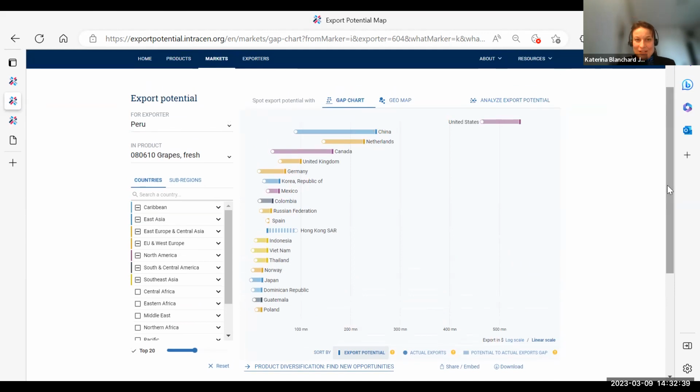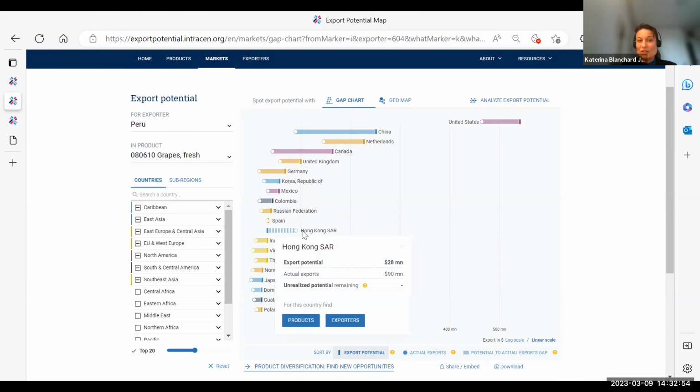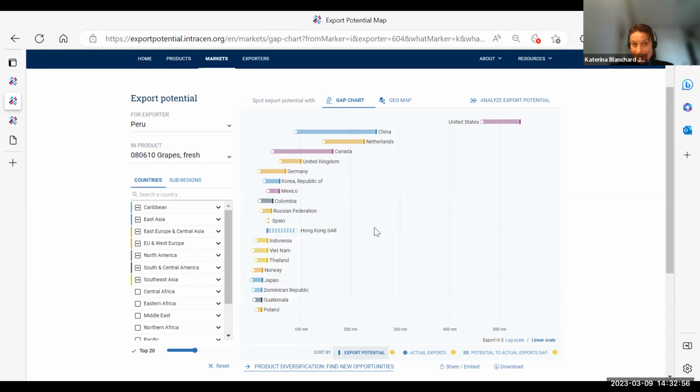And now we see the example of Hong Kong. In the case of Hong Kong, we can see that the actual exports are already higher than the export potential. As we said previously, this can happen, and this is probably due to strong branding of Peruvian fresh grapes on the local market in Hong Kong, and perhaps also because Peruvian exporters tap into this market at the expense of other markets.